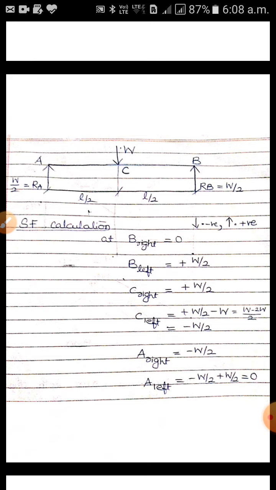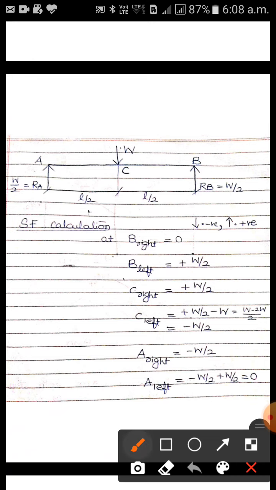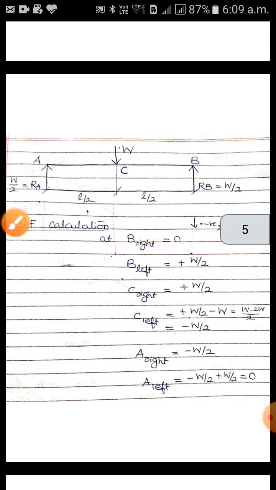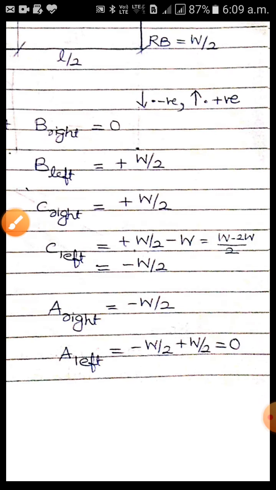In addition to minus W by 2, you also have the reaction RA, which is plus W by 2. So minus W by 2 plus W by 2 will be 0. So always B right will be 0, A left also will be 0. You can check it out. Okay, now this is the shear force calculation.